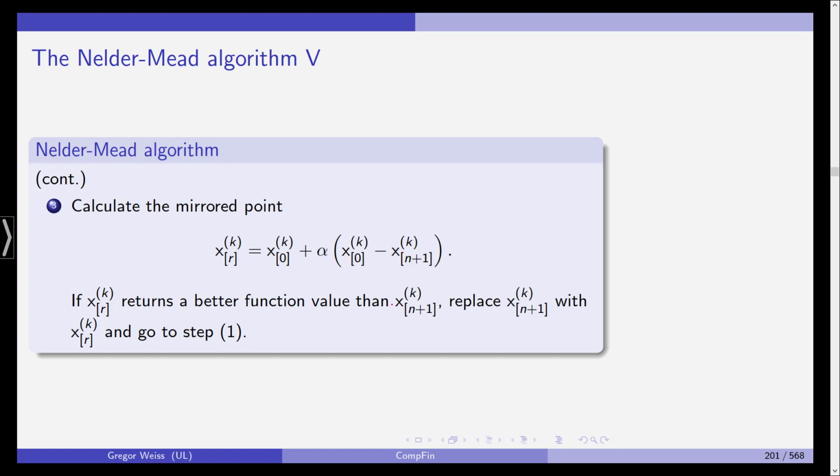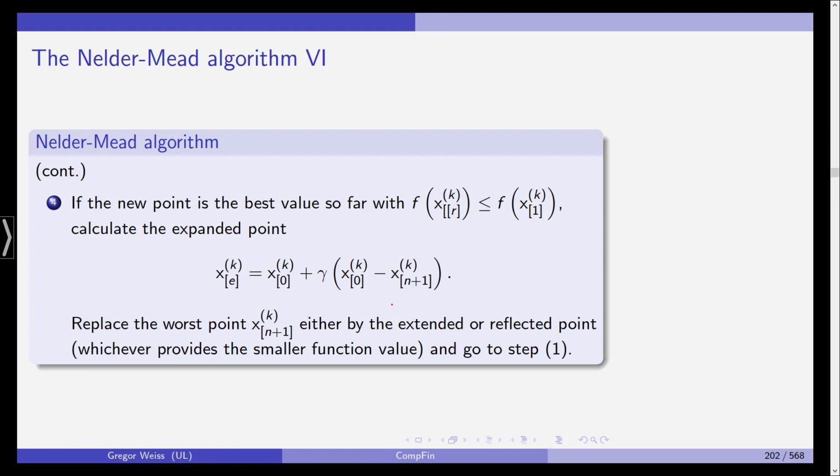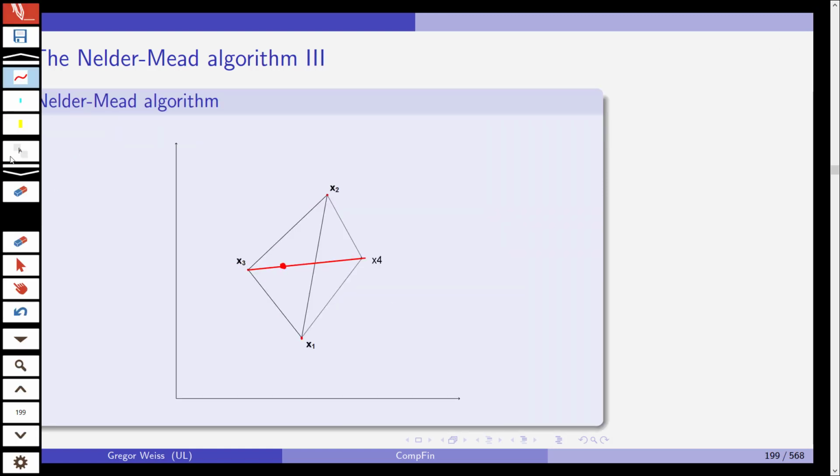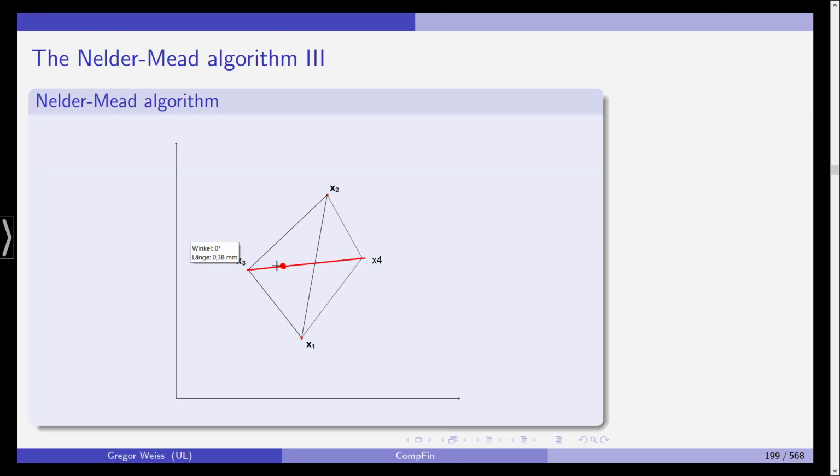If this mirrored point returns a better function value, then we replace it and we go to step 1. If the new point is the best value so far, we calculate the expanded point, which simply means what? If we see x4 is actually the best point, then let's continue to do this. We not only use x4, but we use an extended point.